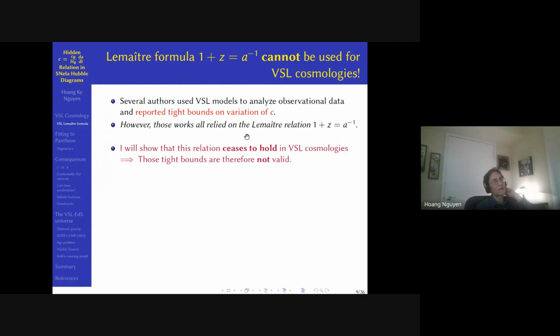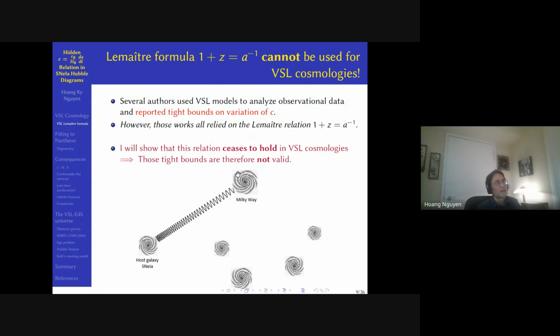Unfortunately, all this work relies on the Lemaitre formula. And I will argue that this relation does not hold for VSL cosmology in general. That means that these bounds are not valid or are questionable.